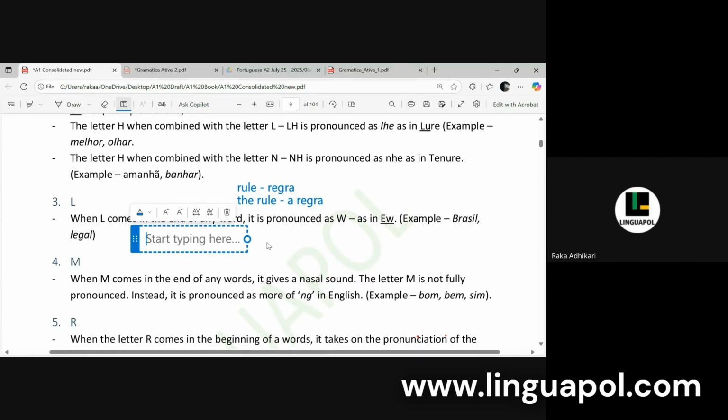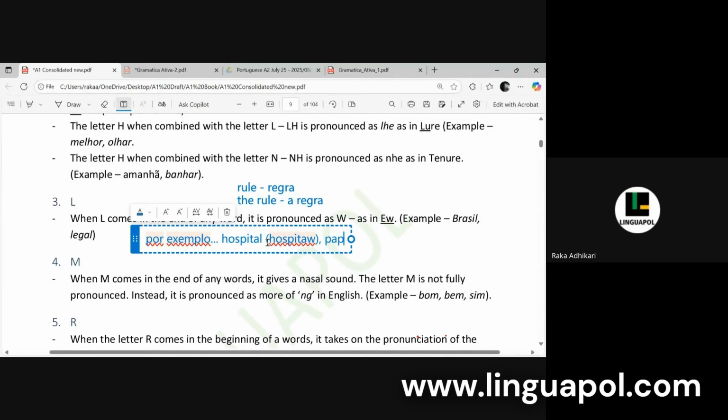Por exemplo, for example. Por exemplo, a palavra hospital. So, in Brazilian, we don't say hospital with the actual sound of the letter L. We don't pronounce it. So this actually becomes hospitau, like this.